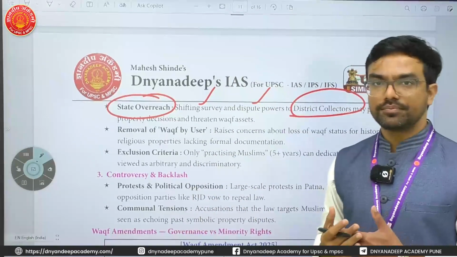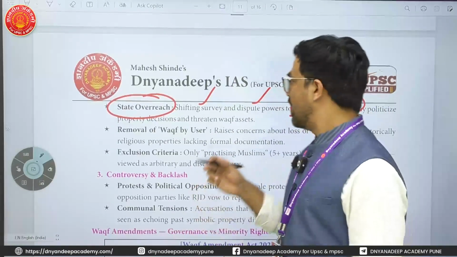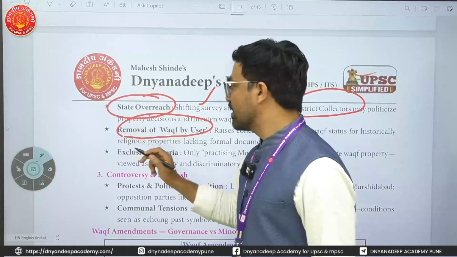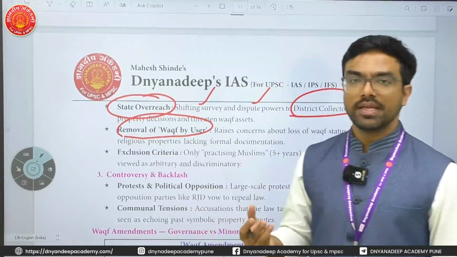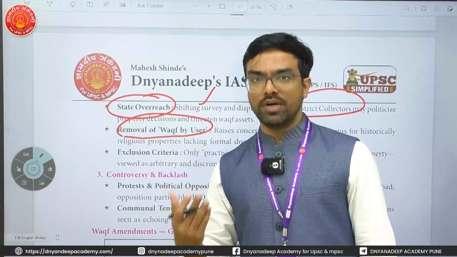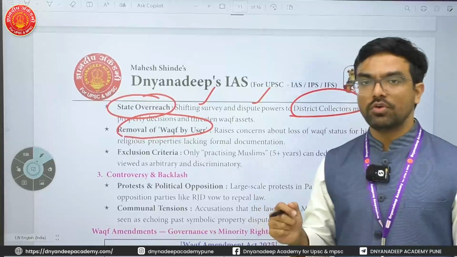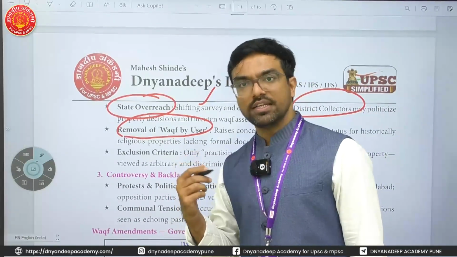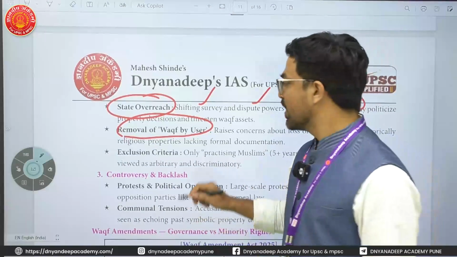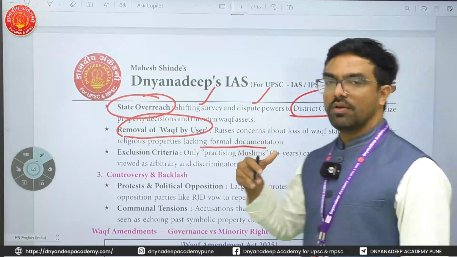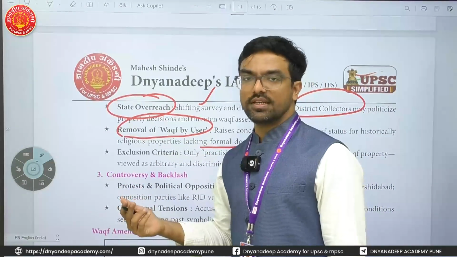So that's why concerns are being raised about constitutional overreach. Removal of Waqf by user is also a major concern. Now, to declare any property as Waqf, one has to give documents supporting that. You can't just say it is a Waqf by user. You have to provide formal documents. So religious bodies are facing concern about it.